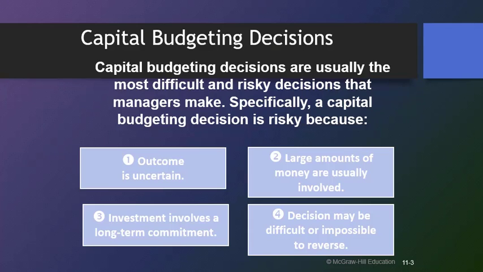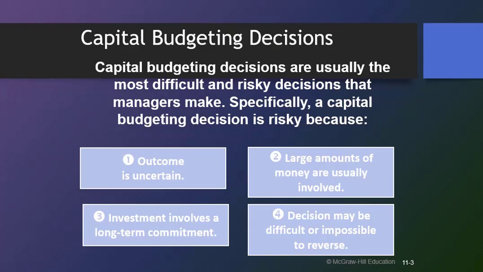Now, managers use several methods to evaluate capital budgeting decisions. Most methods use expected future cash outflows and inflows. An investment begins with an initial cash outflow to buy the asset. Over the asset's life, the asset's going to generate cash inflows and cash outflows. Inflows would be from additional sales, and outflows would be from cost stemming from the asset.